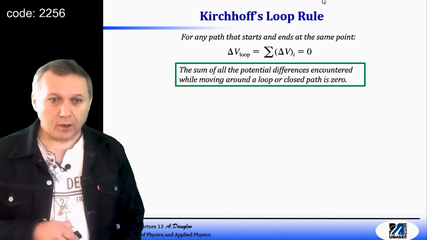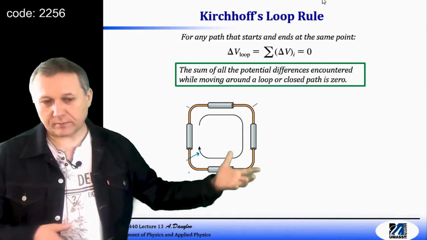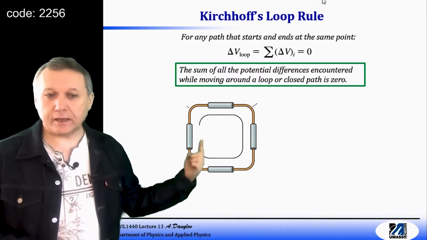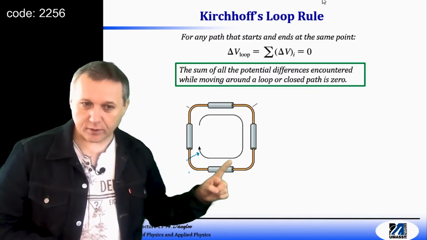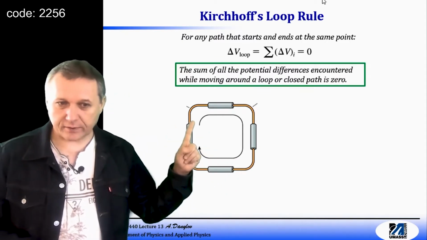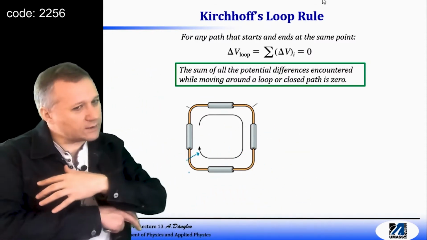For example, let's say we have some imaginary loop with 4 elements. Very important, every time you will have to pick a certain travel direction. We will practice it, but every time. It doesn't matter which direction, clockwise or counterclockwise.